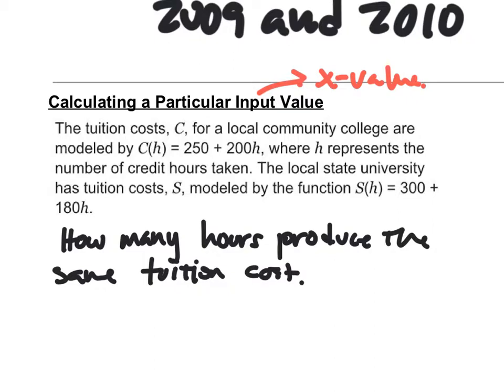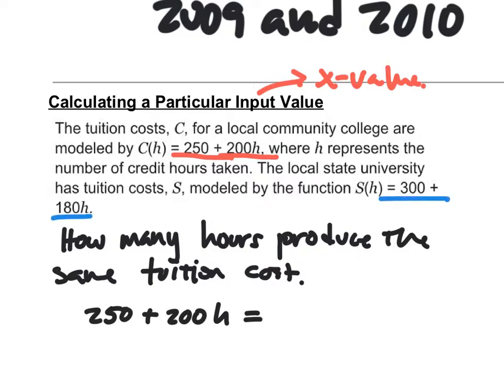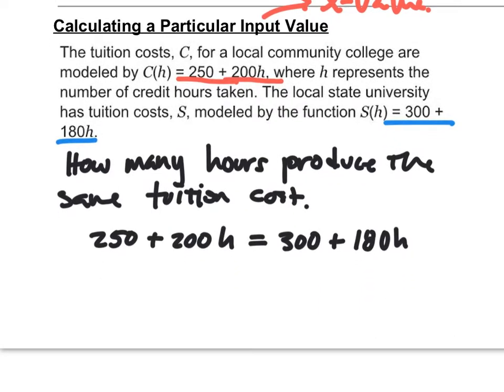Okay, so what we want to do here is set one function for tuition cost, 250, so let's write 250 plus 200H equal to the other function for the state university, okay? So we've got, and let's write that as 300 plus 180H, okay? Let's go ahead and just solve this for H.